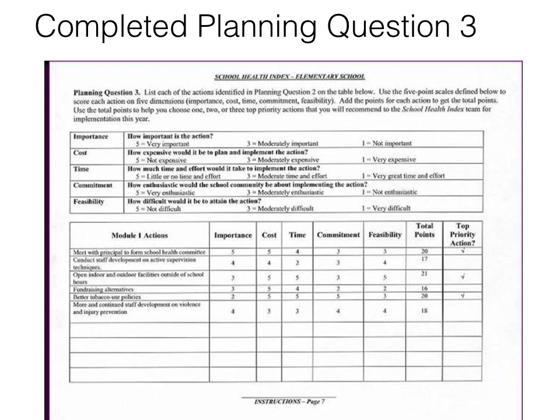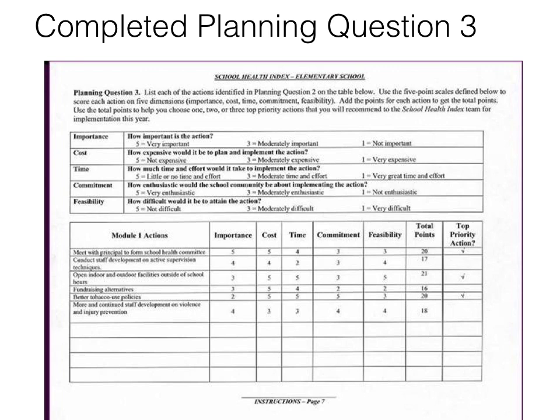Within the action plan or the improvement plan, it also allows you to rank how important cost or time or commitment or feasibility are. Where do they rank? Are they more important, less important? How expensive will this be? Not expensive?